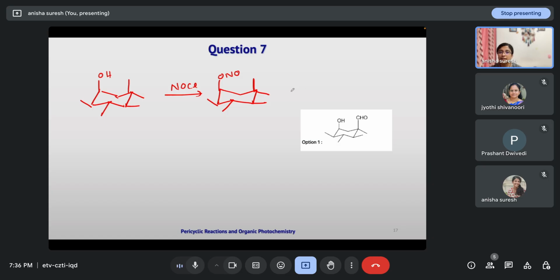Then under photochemical condition, this O-N bond will cleave, leading to the formation of an O radical and an NO radical. Then this O radical will abstract the alpha, beta, gamma, delta hydrogen, leading to the formation of this carbon radical.